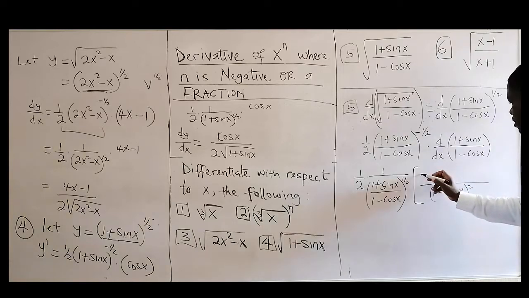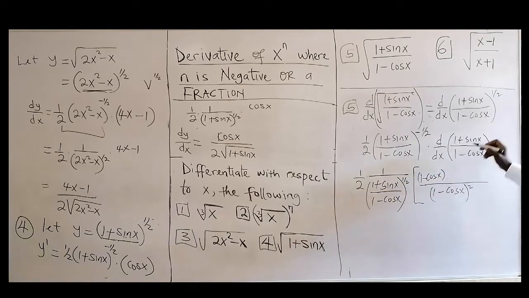Then the v here is your denominator, 1 minus cos x, times the derivative of the numerator, which is cos x. Then minus the numerator 1 plus sin x, times the derivative of the denominator. If you differentiate cos, it's going to give you minus sin x, and then times this minus, that's sin x. So that's what we have now.